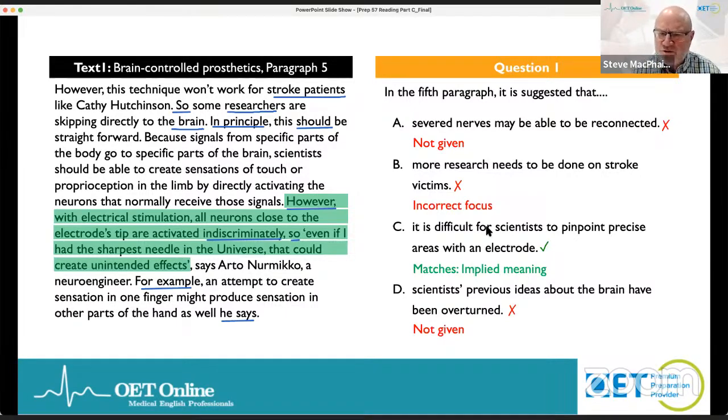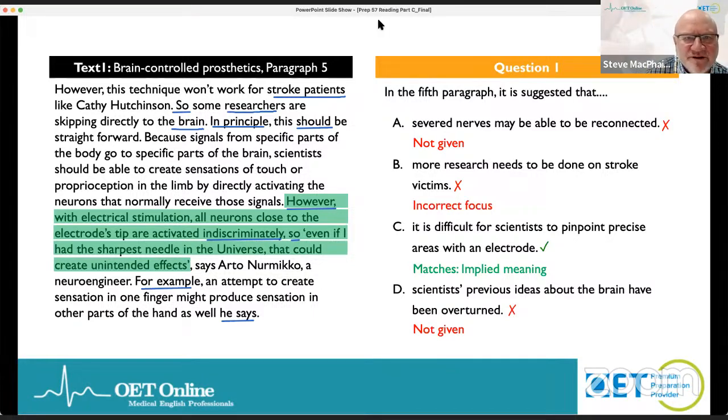So how does that match with C? It's difficult for scientists to pinpoint precise areas with electrodes. Well, let's look for some synonyms. Pinpoint precise areas. Well, we've got a few things. We've got scientists, so I suppose Arto Nomiko as a neuroengineer, we could say this person is a scientist.